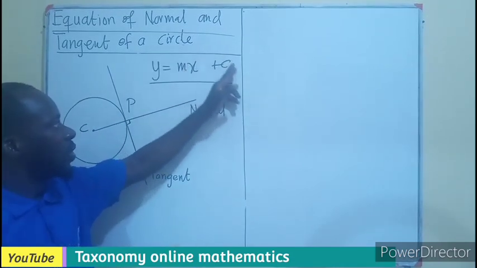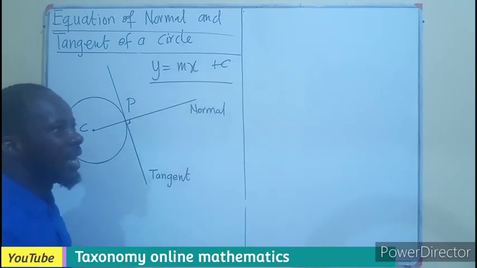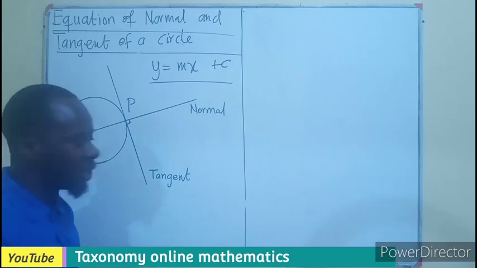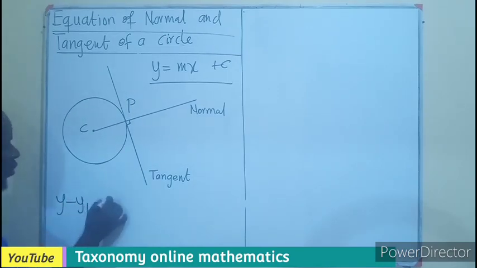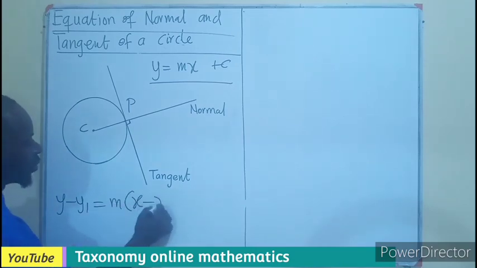So if the equation is going to be in this form, then we can also use the point-slope equation, which is going to be y minus y1 equals m times x minus what?